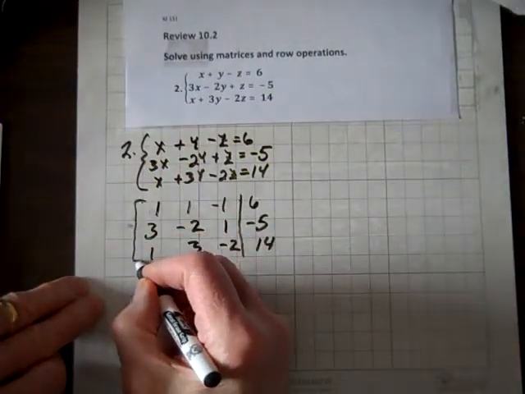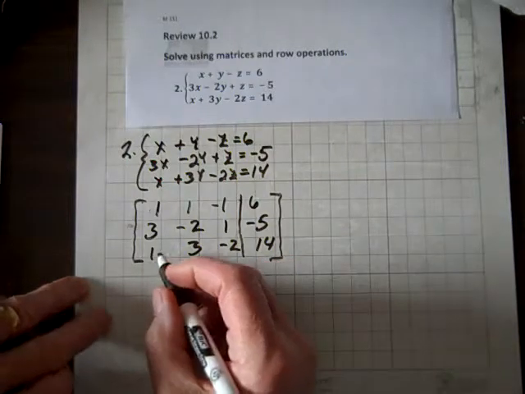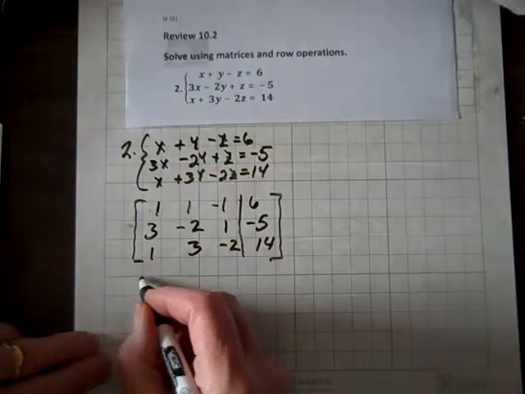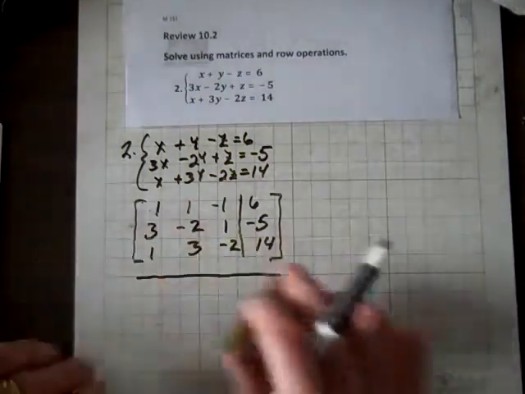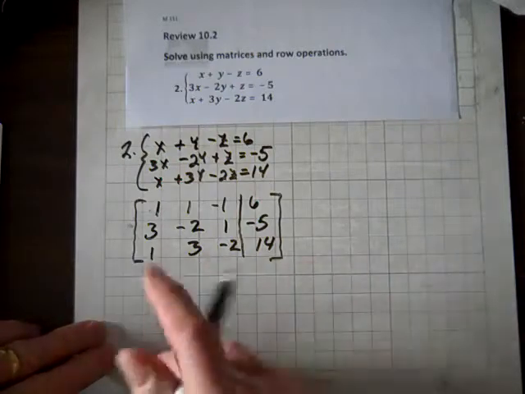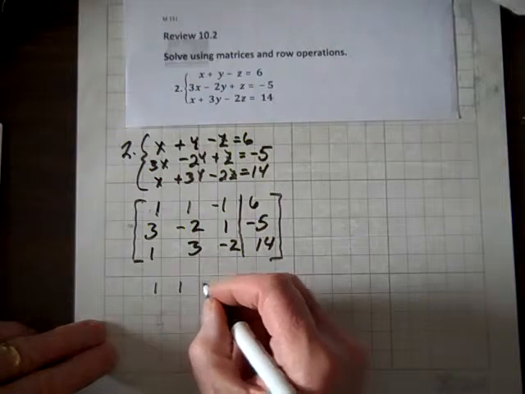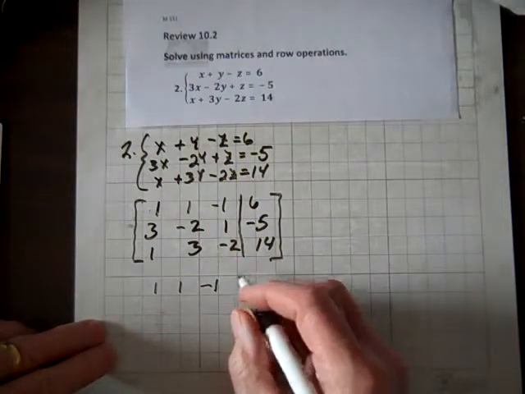So here's our augmented matrix. Our objective is to get a 0 here and a 0 here for the moment. That's our immediate objective. Row 1 will not change, so I've got a 1, 1, negative 1, and a 6.